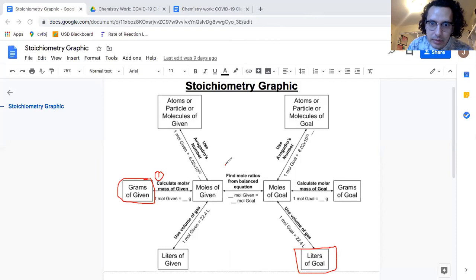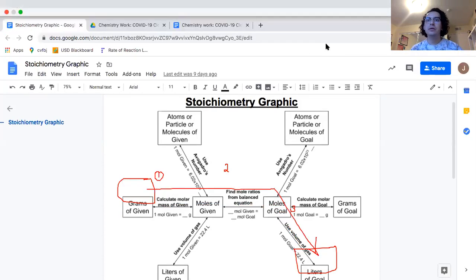So step 2: find mole ratios from the balanced equation, and step 3: use volume of gas. So if you start here and you want to end there, you're going to have to take 3 steps. So it's a 3-step process. Okay, let's begin.